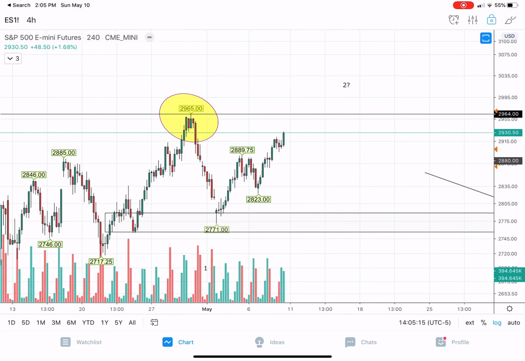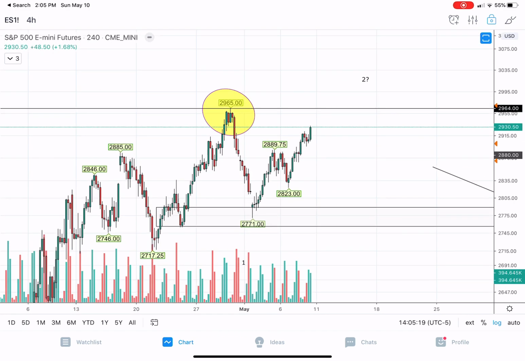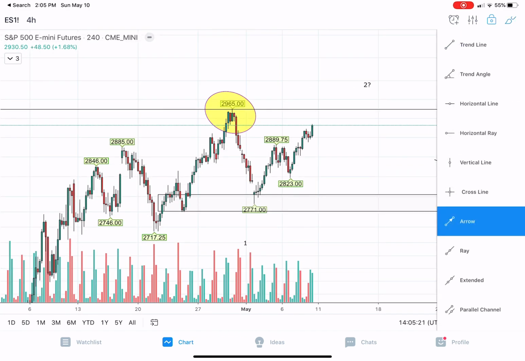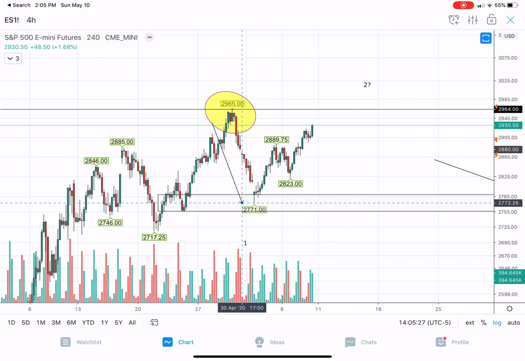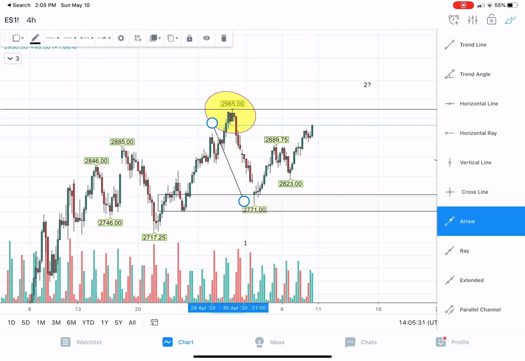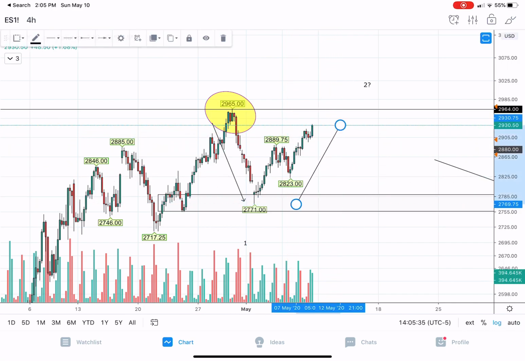So here is a 4-hour chart right here, and then we have our weekly zone up here. So again, we got our potential first beginning of a bearish impulse rejection out of the weekly supply zone here, right? And then now we are getting our potential retracement back into the level.